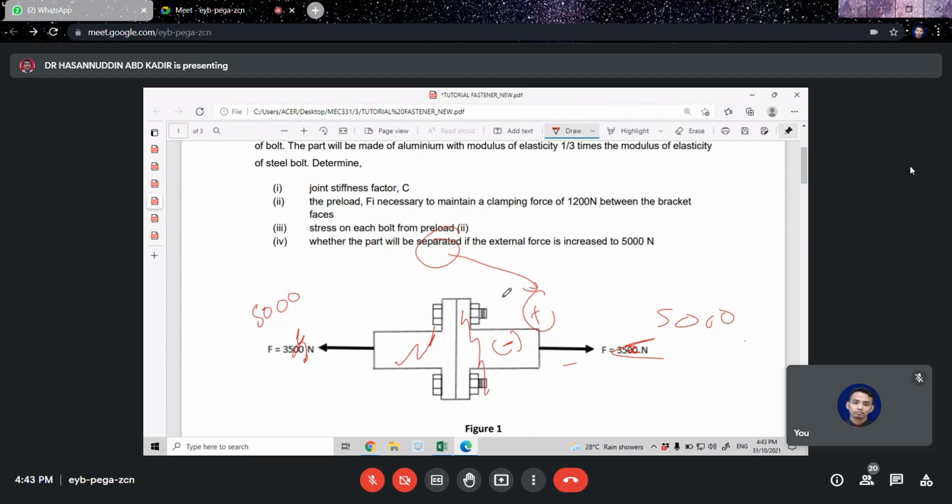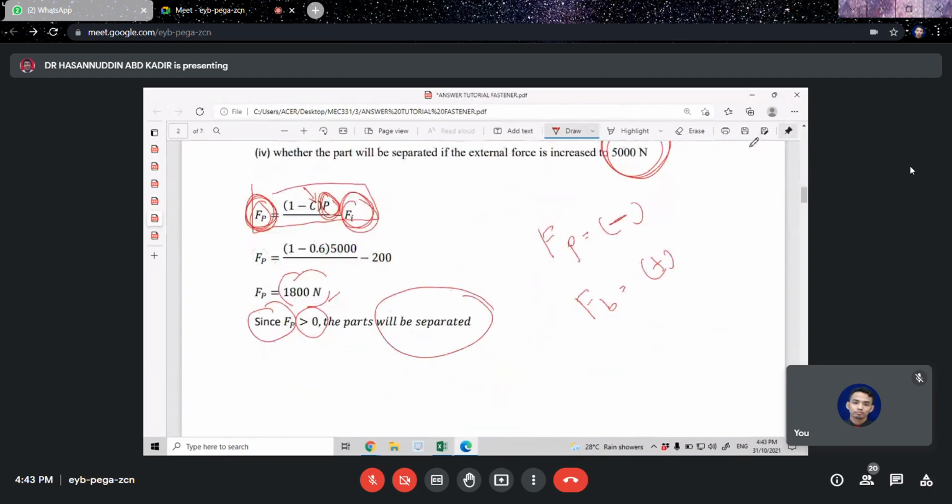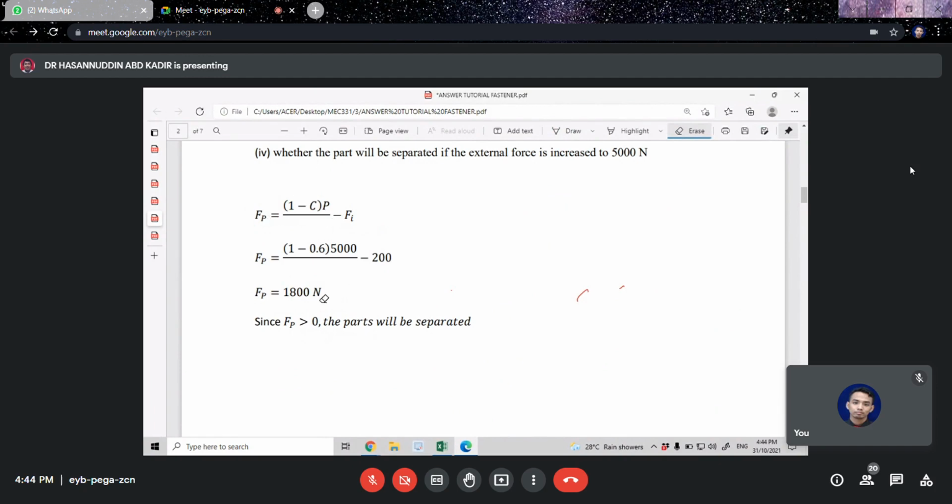So this is okay. Back to this condition: our condition for the part must always be in terms of minus. So let's say the value you get here is positive. That means your part will already separate, it has come off from the screw, the bolt and nut, because this is more than 0.